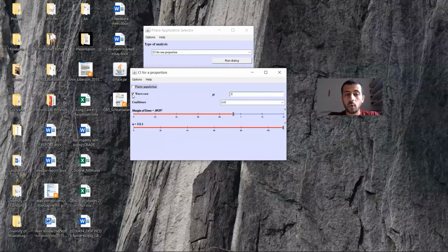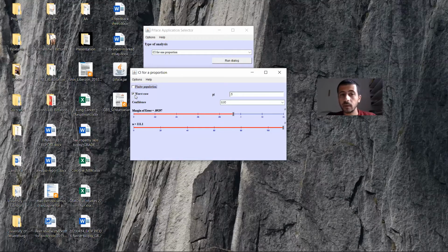What is the worst case? Remember that when we calculate the sample size, we don't have our cases yet. I'm just planning for it, and I'm saying, if I want to do that study, how many cases should I get?